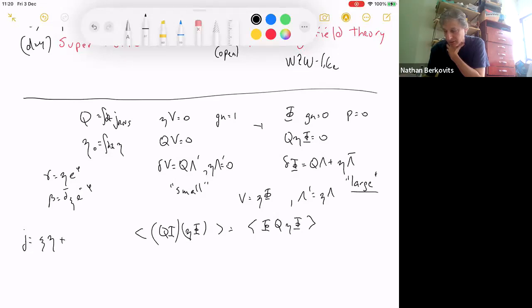And then the ghost number, so called J_G, is equal to xi eta plus bc. So you can see that this action here has ghost number 2. It doesn't have ghost number 3, it has ghost number 2.